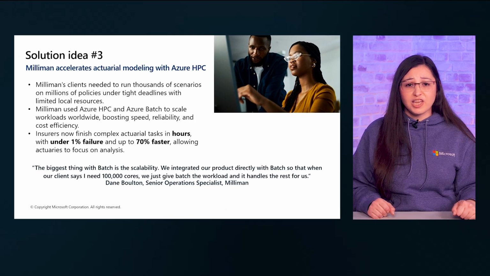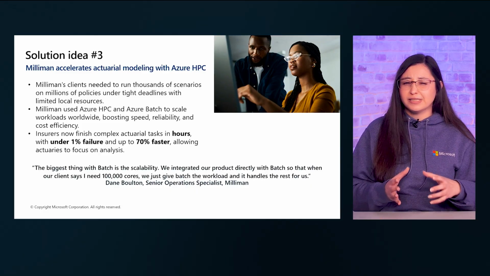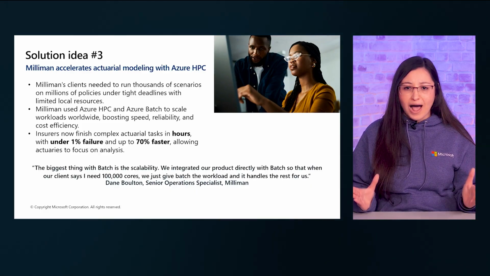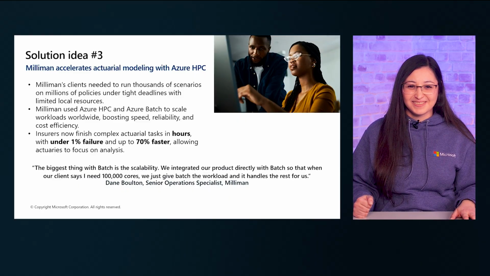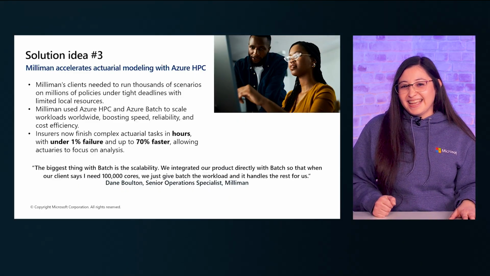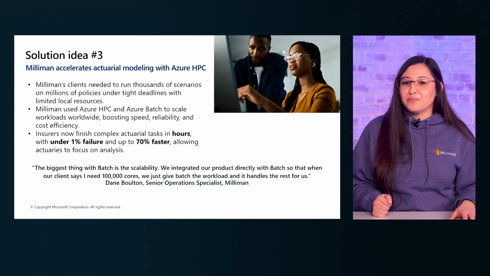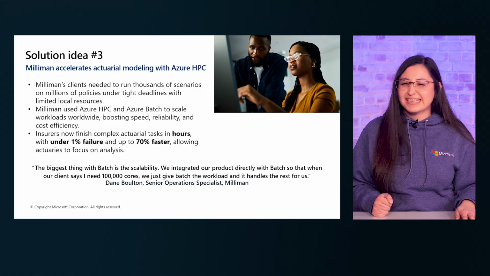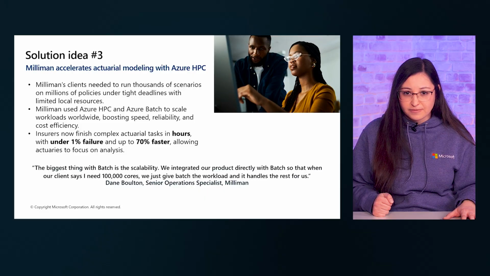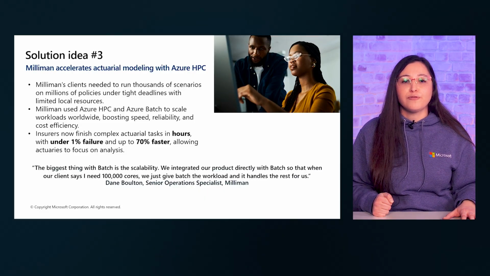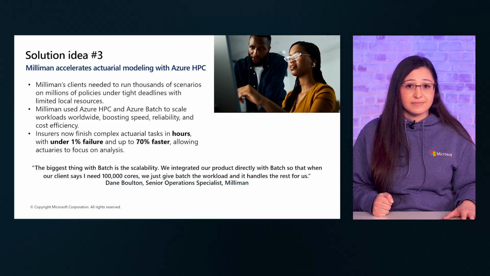Milliman used Azure HPC and Azure Batch to scale workloads worldwide, boosting speed, reliability, and cost efficiency. Insurers now finish complex actuarial tasks in hours with under 1% failure and up to 70% faster, allowing actuaries to focus on analysis.